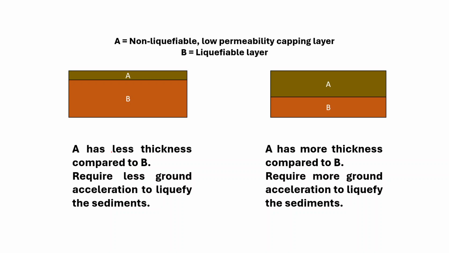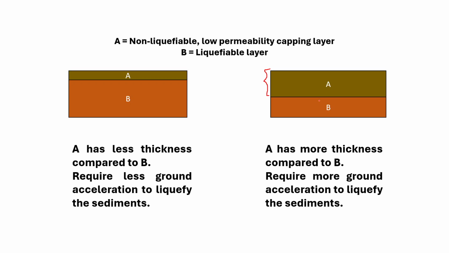But if you look at the second image, the top layer or the capping layer is thicker compared to the bottom layer, or the liquefiable layer. So in this case, for that bottom layer to break through and come out of the top layer, that requires a lot of ground acceleration. That movement should be so extensive that the bottom layer, the liquefiable layer, can come on top. So that is the difference.